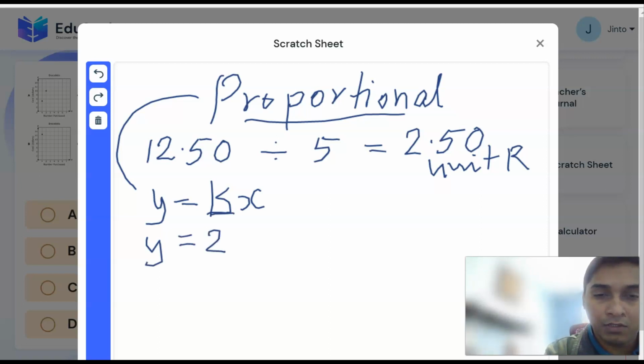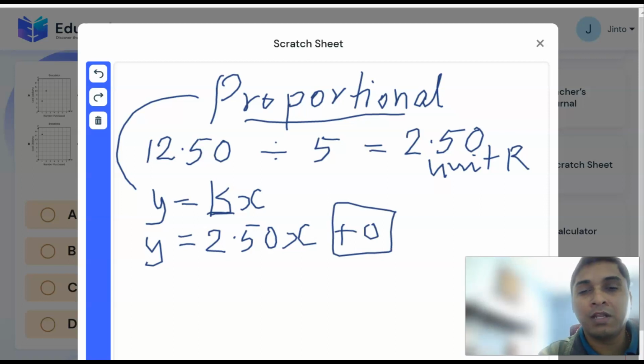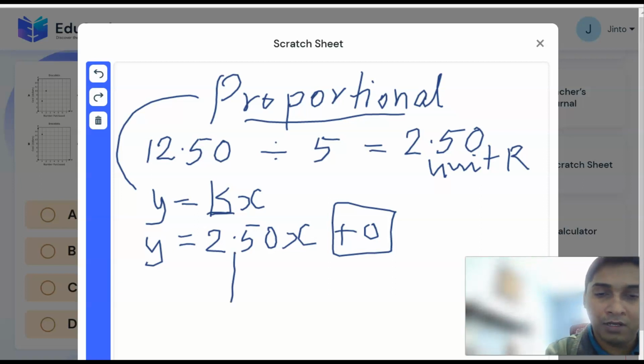So you can write the equation y = 2.50x, and the y-intercept is 0, because this graph is going to pass through 0, and the constant of proportionality or the unit rate is just 2.50.